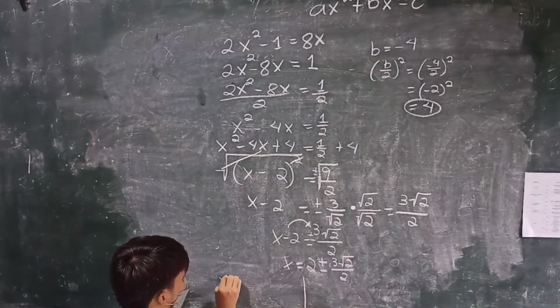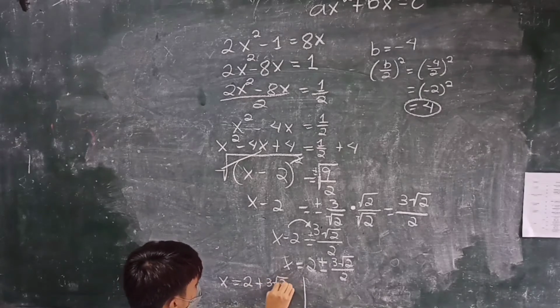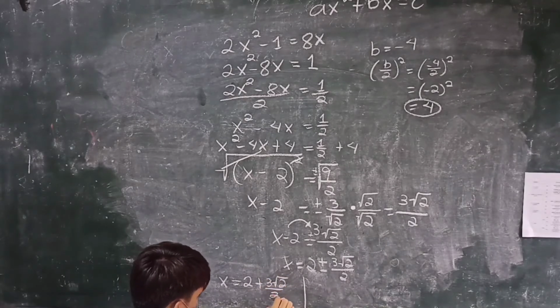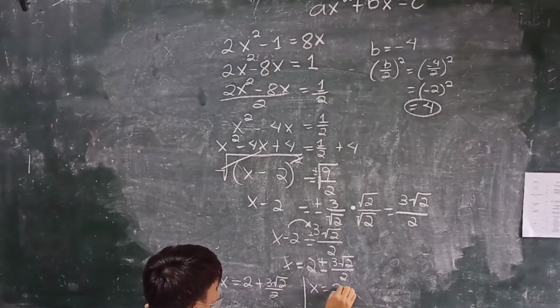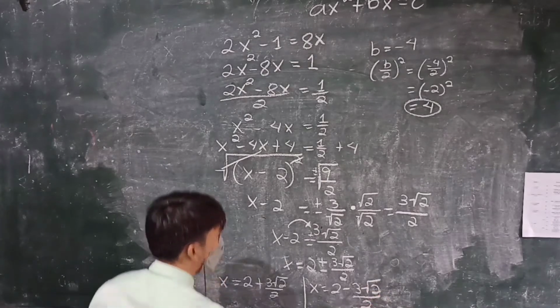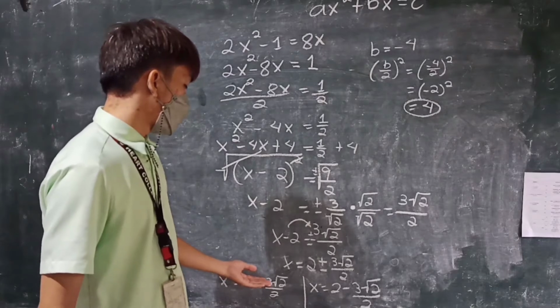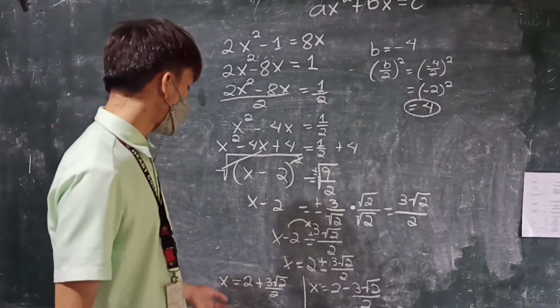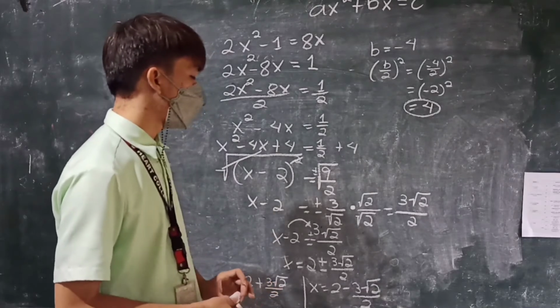First one, x equals 2 plus 3 square root of 2 over 2. We also have x equals 2 minus 3 square root of 2 over 2. So the roots are 2 plus 3 square root of 2 over 2 and 2 minus 3 square root of 2 over 2.